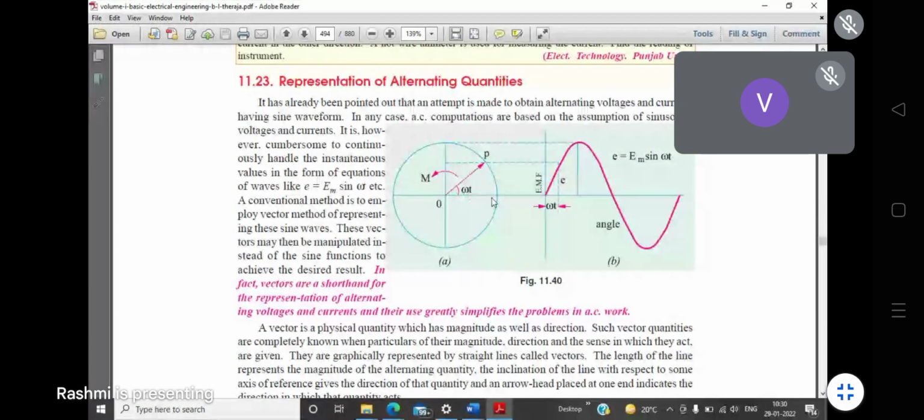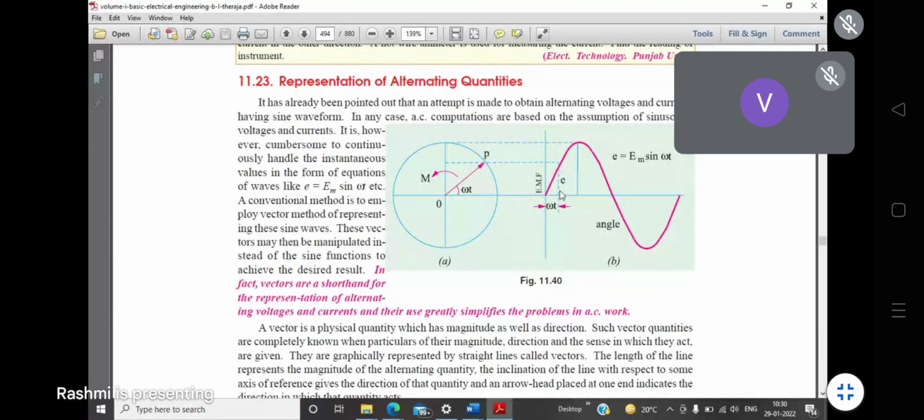This will rotate according to the movement of this waveform. That means when it is at this point, it will be like this at 0, that means theta is equal to 0. As it goes on increasing, it will move from this point towards this point.